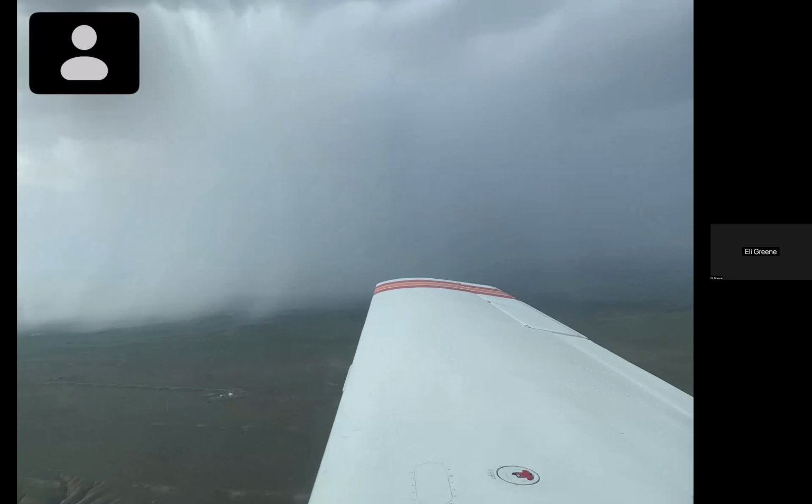This is all just rain falling out of the bottom of the cloud. It's very obvious that there's a thunderstorm there. For any large-scale thunderstorm, and even for small ones, it becomes pretty obvious once you're actually there. But you kind of have to be in the airplane to understand it, if that makes sense.